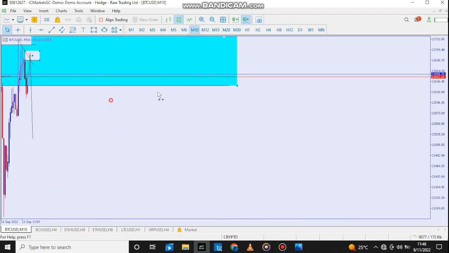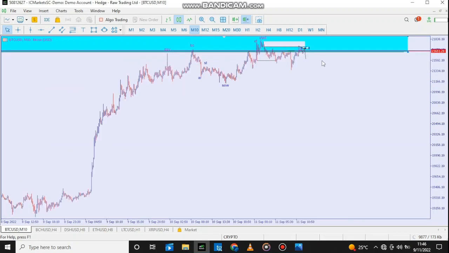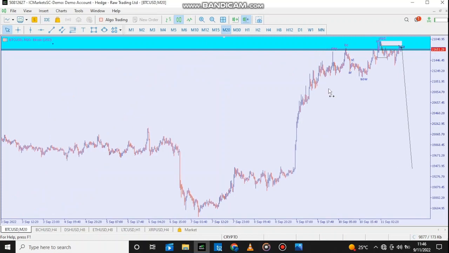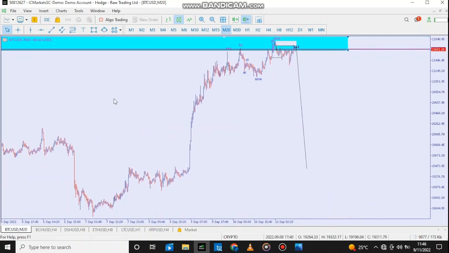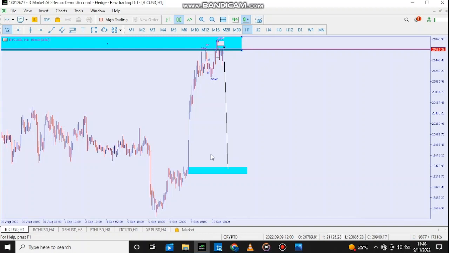Then in targets all the way to this demand zone, or to high time frame is this demand zone.